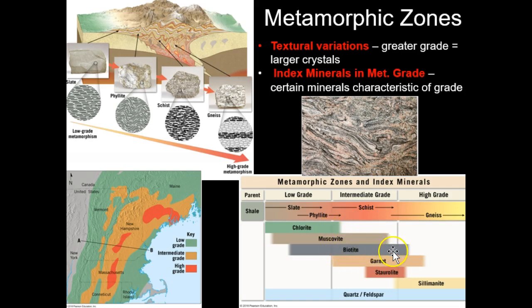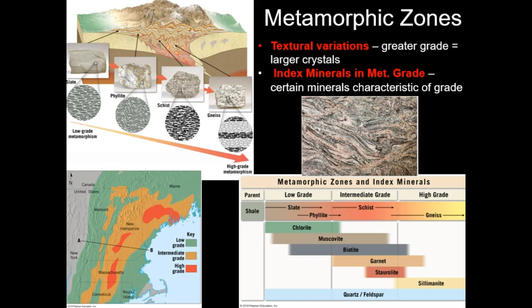And once those pressures and those temperatures are too high for biotite to be stable, it might turn into staurolite or sillimanite, for example. So those minerals are very characteristic of only certain metamorphic zones. And because they're indicative of that short range within the metamorphic grade, we refer to those minerals as index minerals, okay? And they're again characteristic of a metamorphic zone.